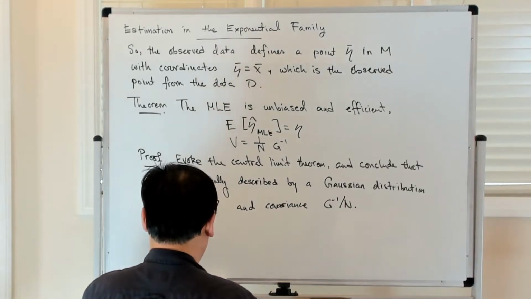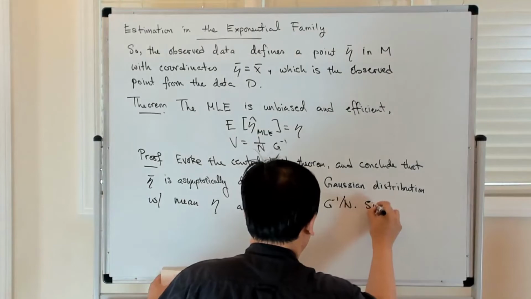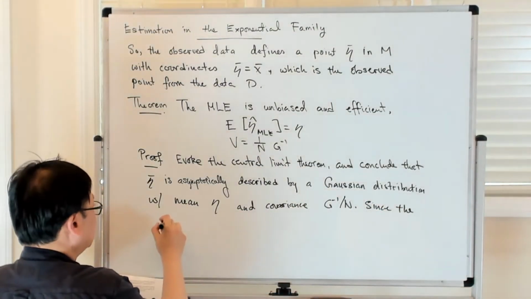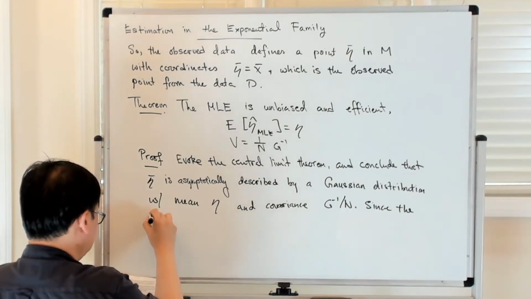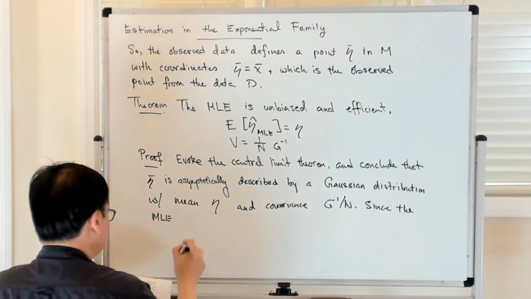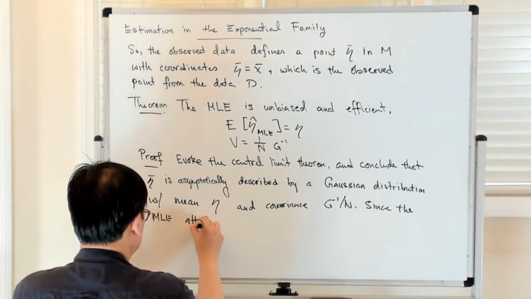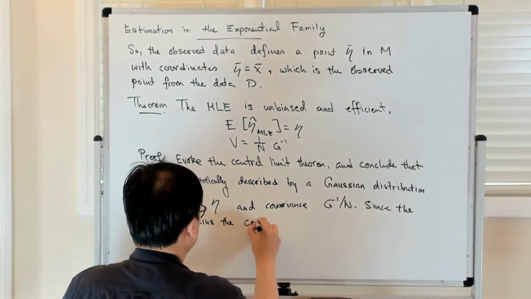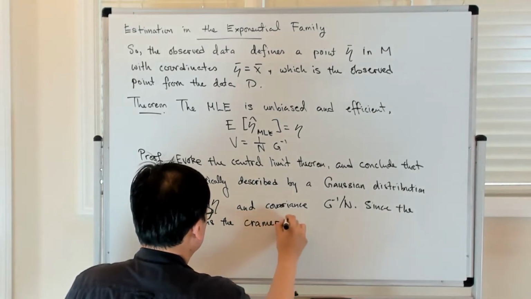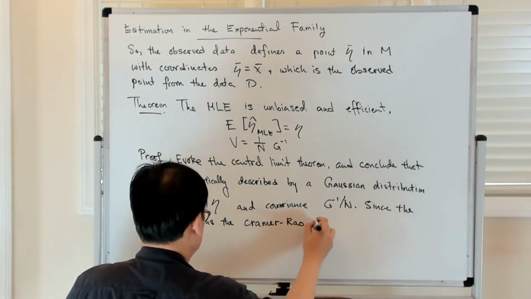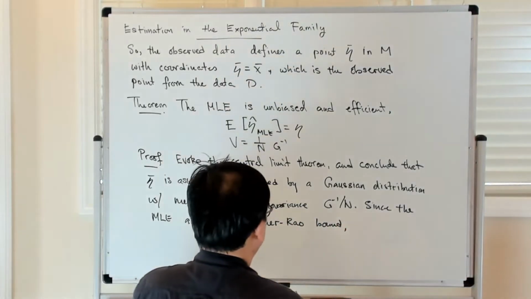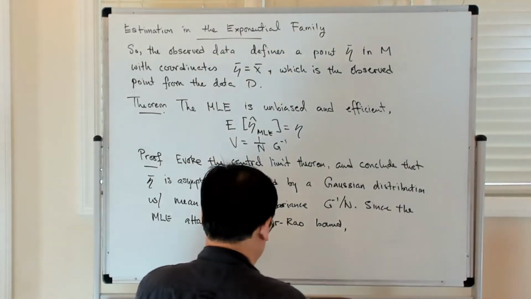And then, since the maximum likelihood estimator attains the Cramer-Rao bound, it's the best estimator in the exponential family.